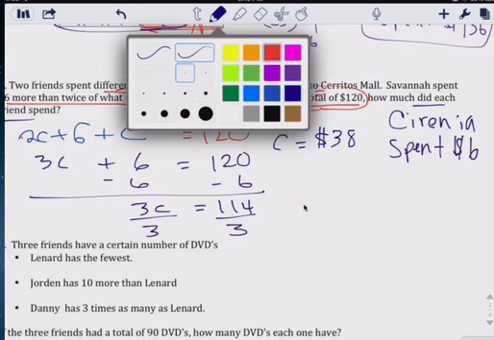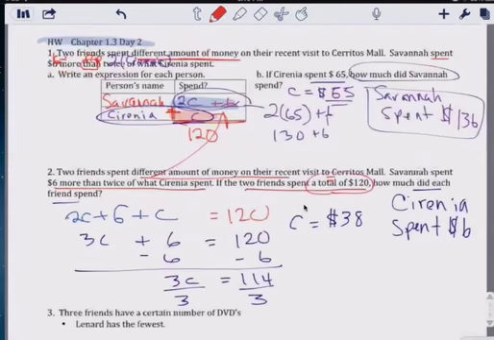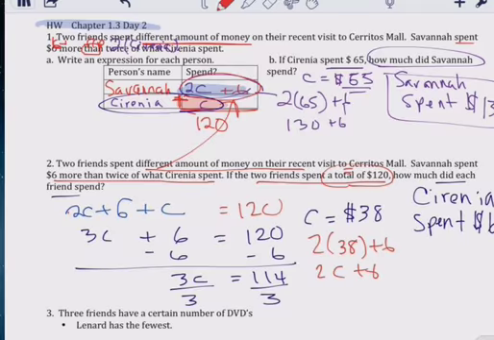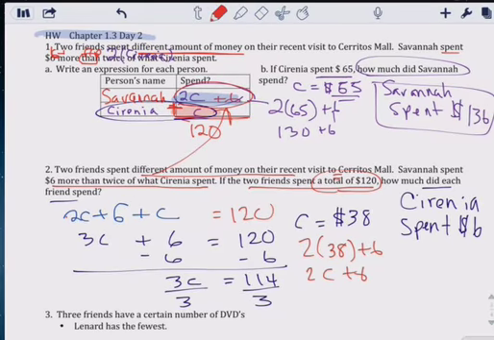If Serenia spent $38, Savannah spent twice that plus 6. Twice this, 2C plus 6. So 38 times 2 is 76. I'll erase this.